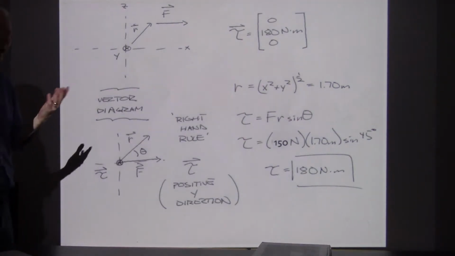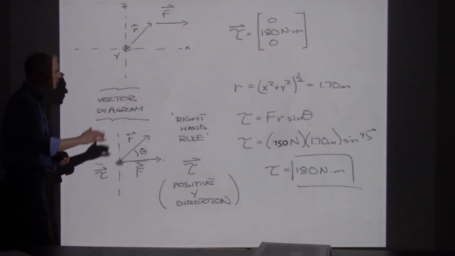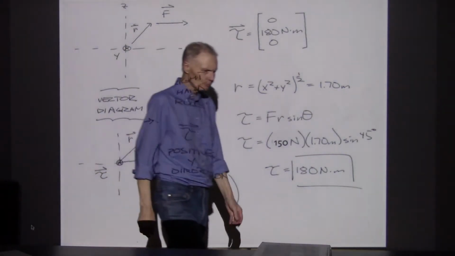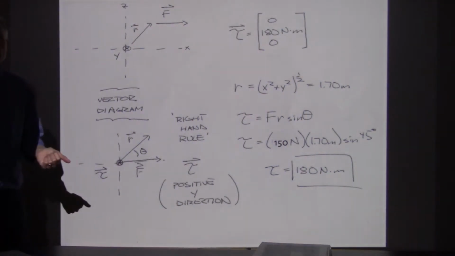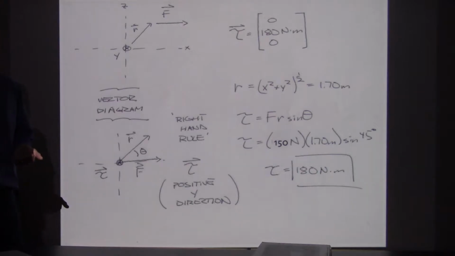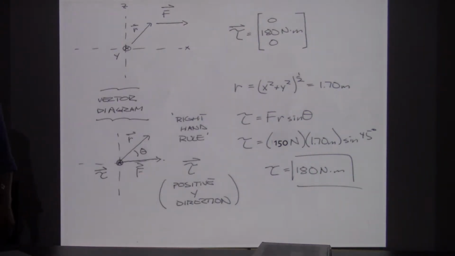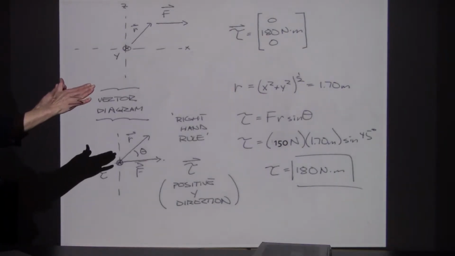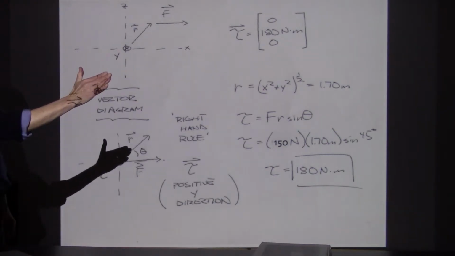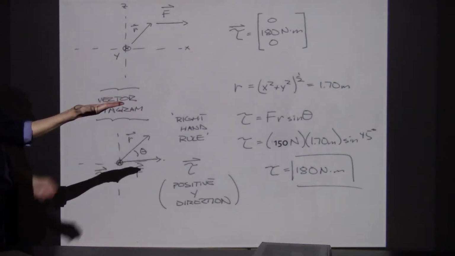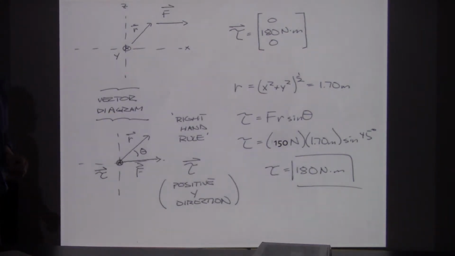Okay. And then how do we tell what direction the torque is in? We use what's called the right-hand rule. Now there are variations on the right-hand rule. The textbook uses one version of this. I had a student show me a different way of determining the direction of the vectors when we're doing cross products. The student said, you put your thumb in the direction of the first vector, and you put your fingers in the direction of the second vector, and then your palm will face in the direction of the cross product.